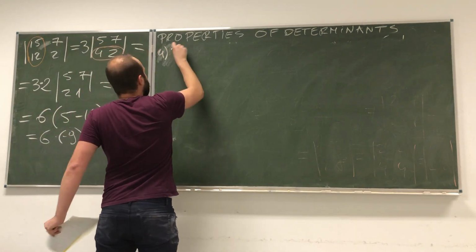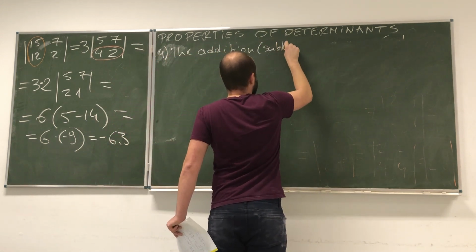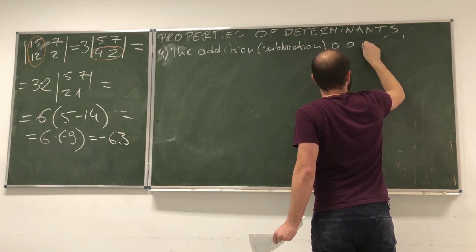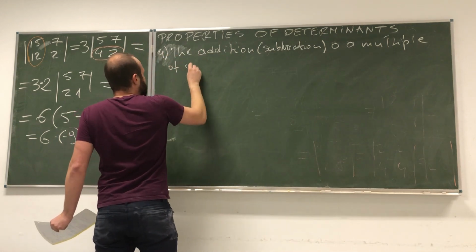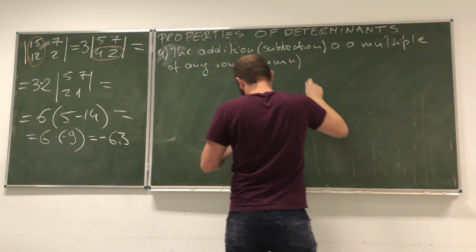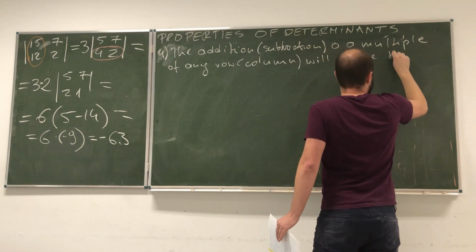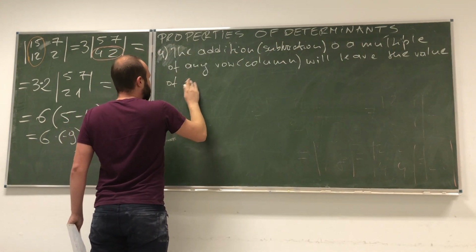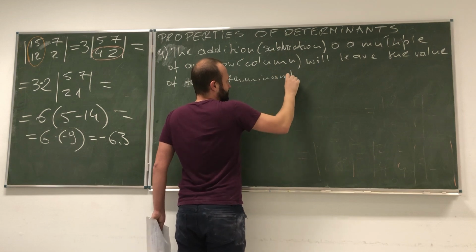And it goes like this: the addition or subtraction of a multiple of any row, or of course column, will leave the value of the determinant unaltered.